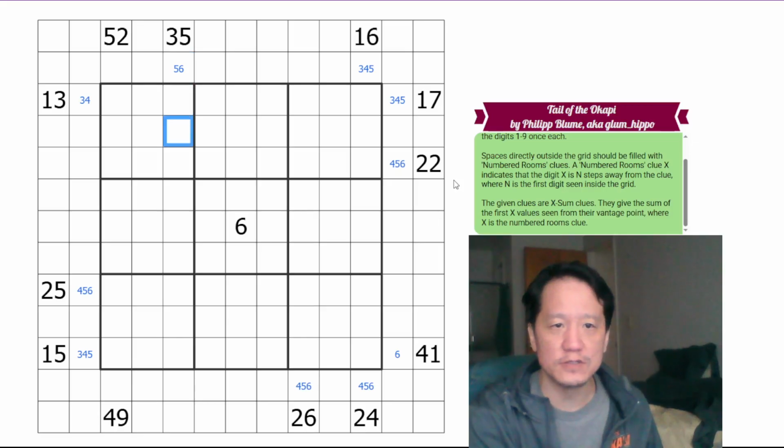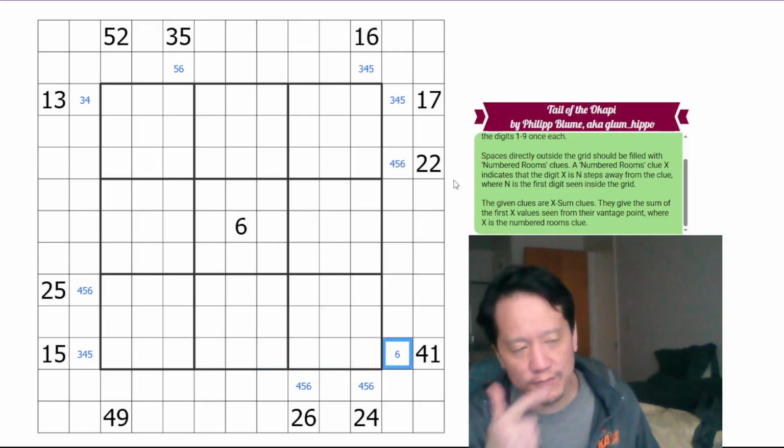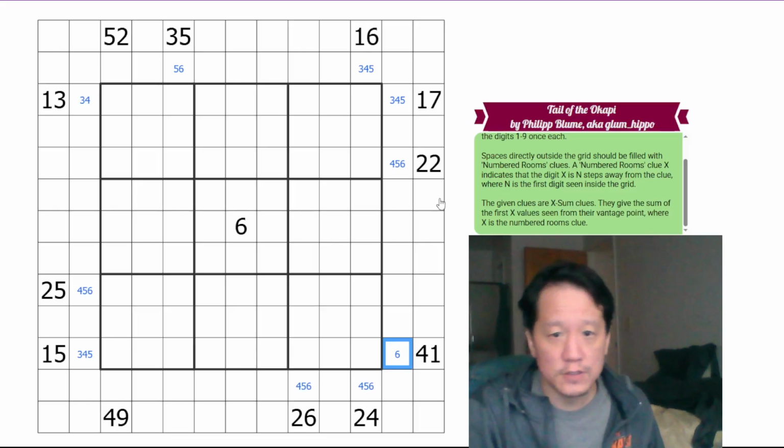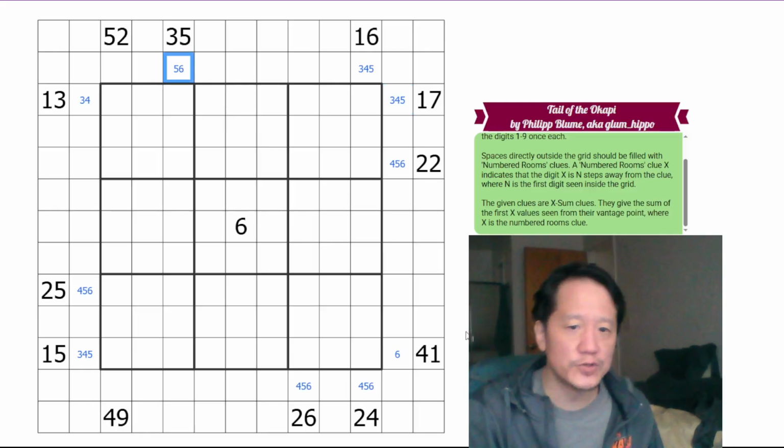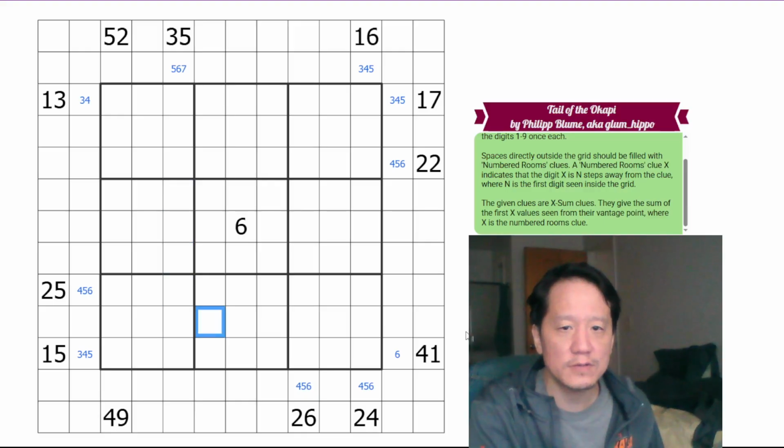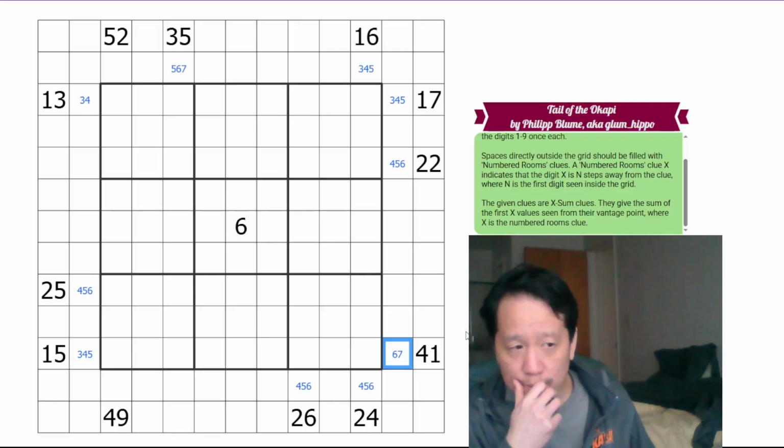Obviously, this could be 6 also. And that's that. The minimum amount for 7 is 28. So anything below 28 cannot have 7. So above 28 could have 7. So this 6 or 7.